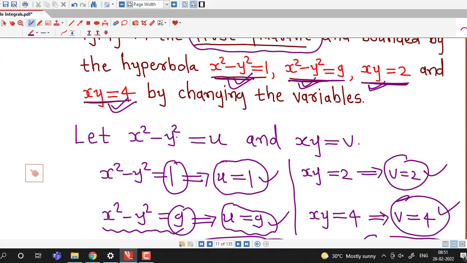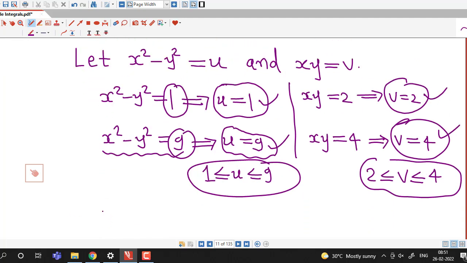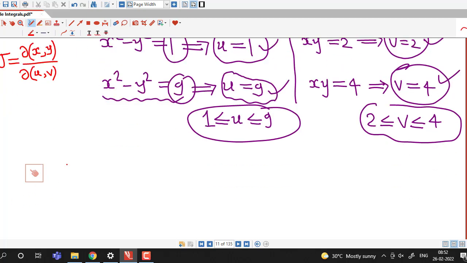Another thing is, we will require the Jacobian of x, y with respect to u and v. We know that J is given by the Jacobian of x, y with respect to u and v. To find this Jacobian, we require expressions of x and y in terms of u and v. So one way is we can convert x and y in terms of u and v, and another way is we can use the property of Jacobian.